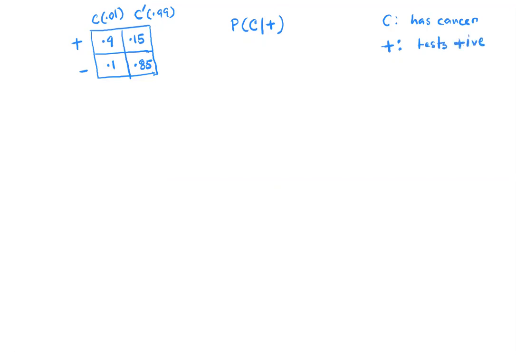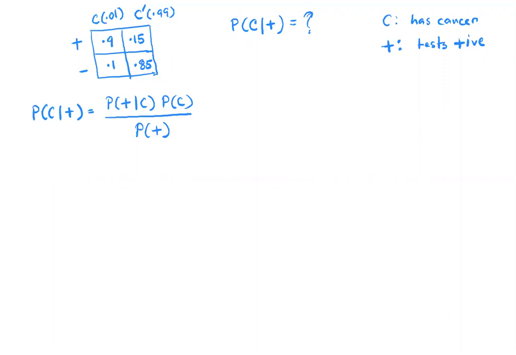So you'd like to know the probability that someone has cancer, given that the person tests positive. This is the same as the probability of positive given cancer times the probability of cancer, all of it divided by the probability of testing positive.